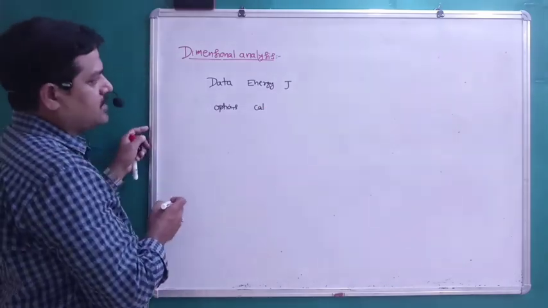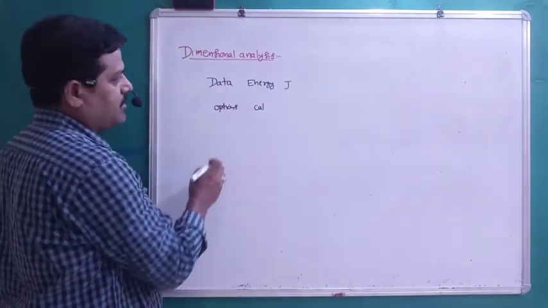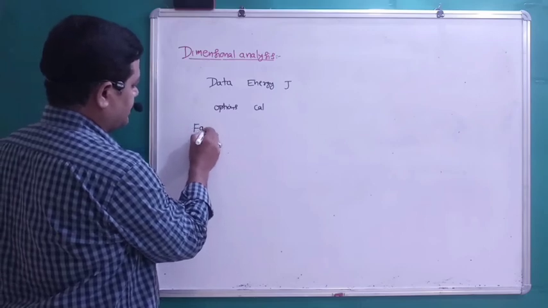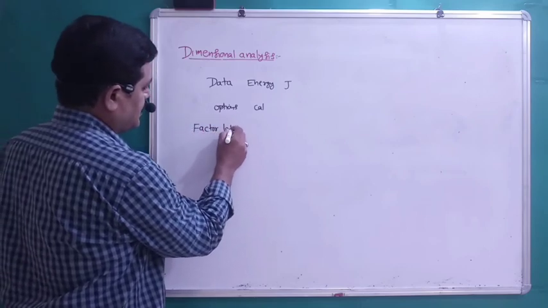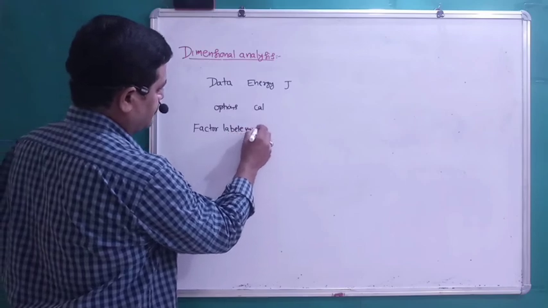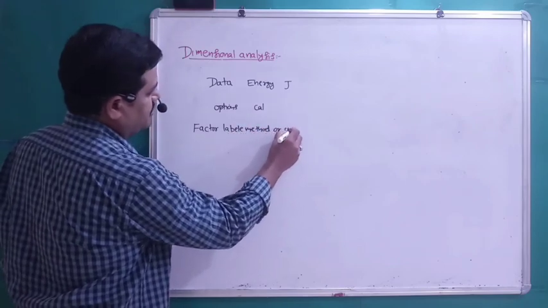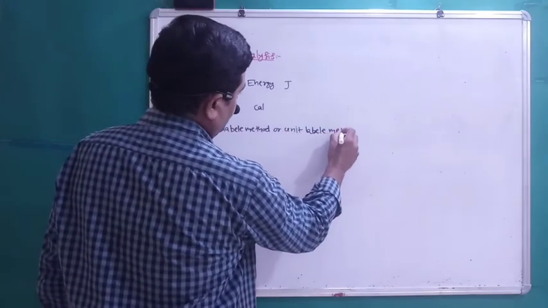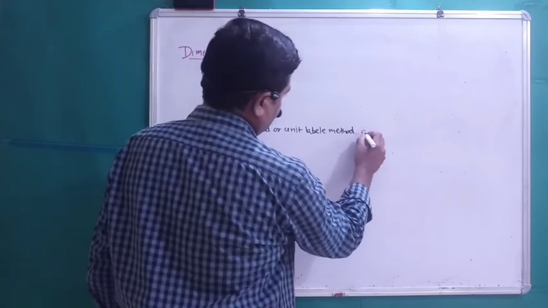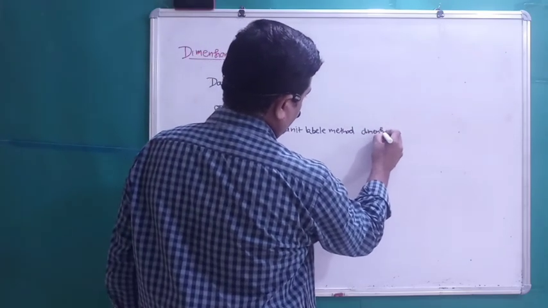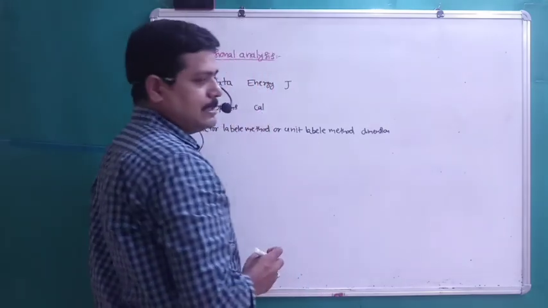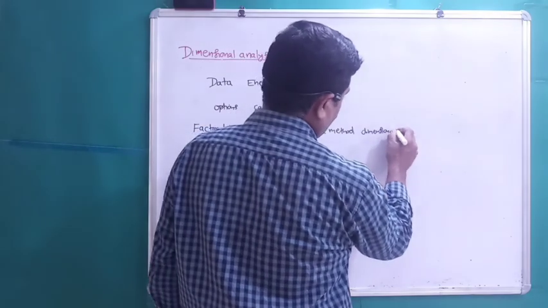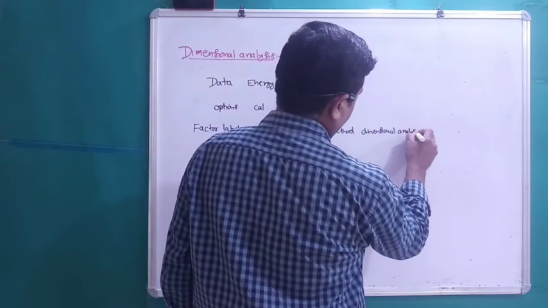Unit conversion can be done by using a method which is called the factor label method, or unit label method, or dimensional analysis.